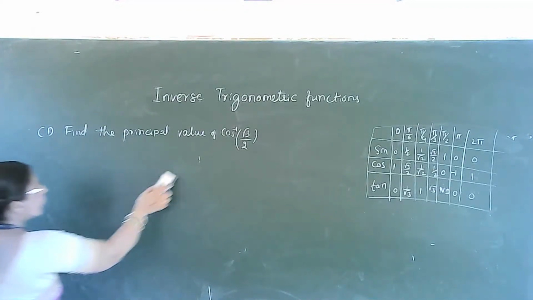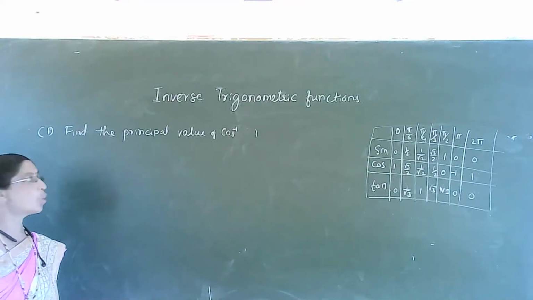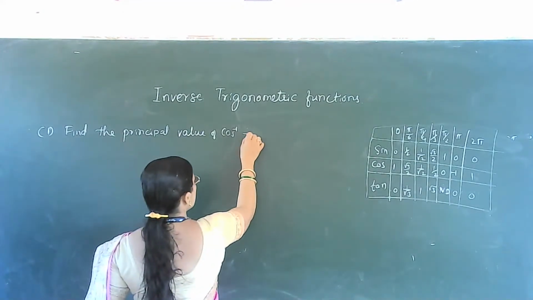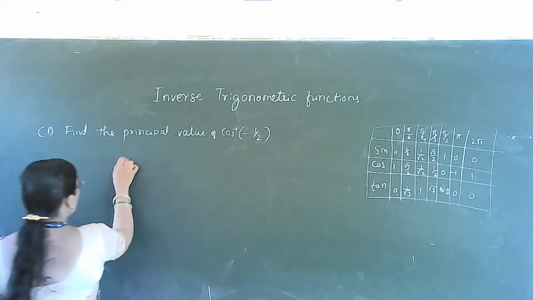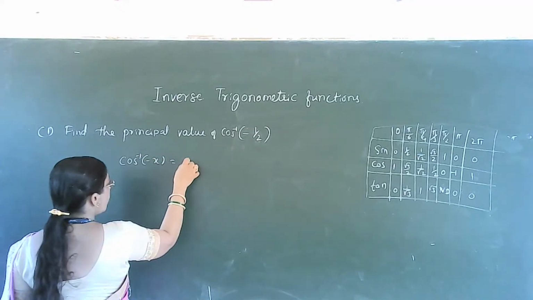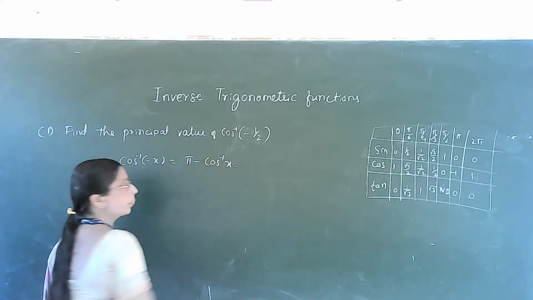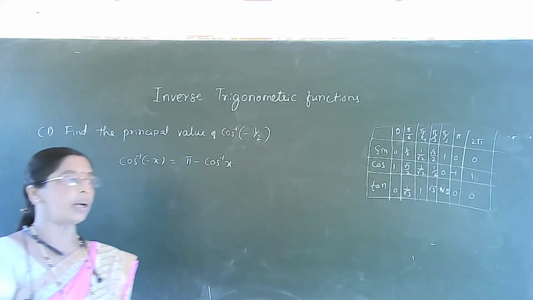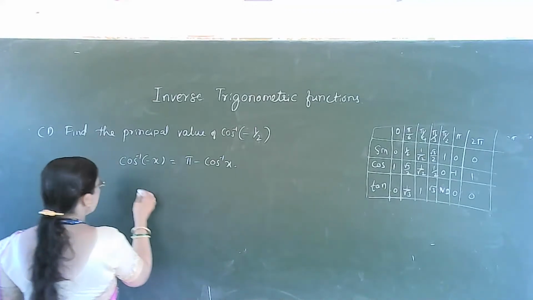Next, the third type of question is cos inverse of minus 1 by 2. We already know about cos inverse of minus x, which is equal to π minus cos inverse of x, in the properties of the inverse trigonometric functions.